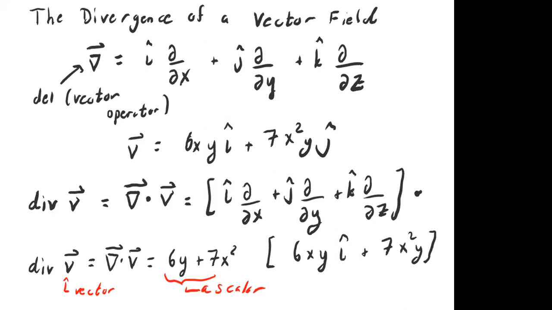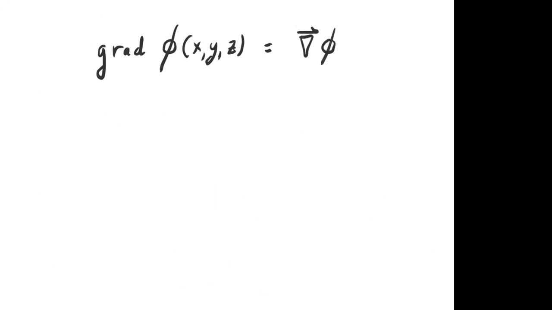So what I would like to do is summarize what we just said. So the gradient of phi, which is the same thing as del acting on phi. So phi is a scalar field. When you take the gradient of a scalar field, you must get a vector as an answer.